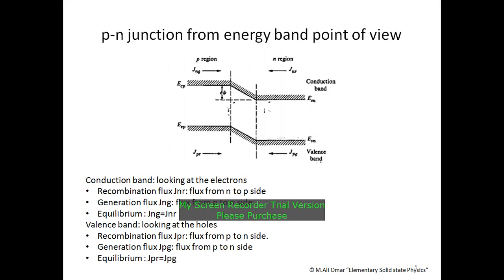As a result, we now have four different fluxes, as we can see from the figure. In the conduction band we have two fluxes, and in the valence band we have two fluxes.